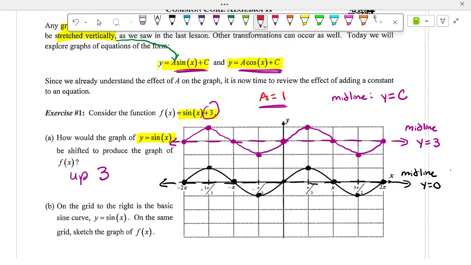So of this graph, how many units is it from my max to my min? If you go from here to here, how many units is that? Count, guys. 1, 2. There we go. 2. But how many units is my max from my midline? It's 1 unit. So if we go from midline to here, that's 1 unit.